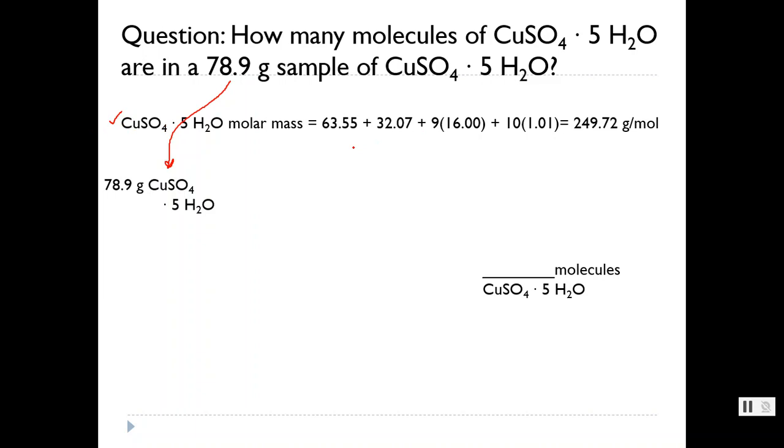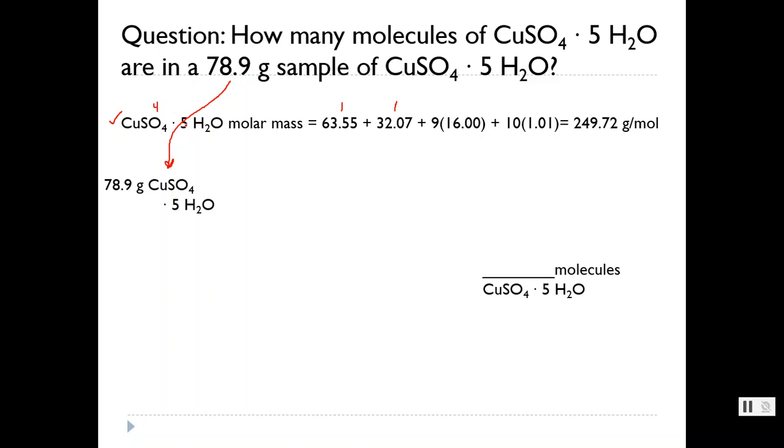So to find the molar mass, you'll need your periodic table handy, of course. And so looking at that balanced chemical formula, I've got 1 copper, 63.55. I've got 1 sulfur. And where does this 9 come from? I know that I've got oxygen here, but 9? So I have 9 oxygens in this species because I have 4 from this part of the molecule.